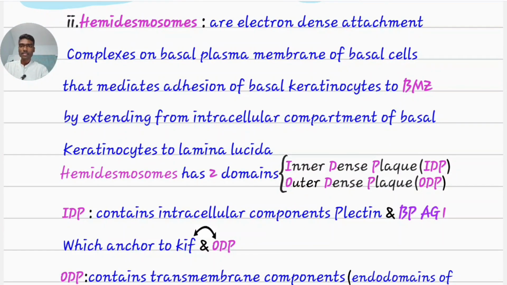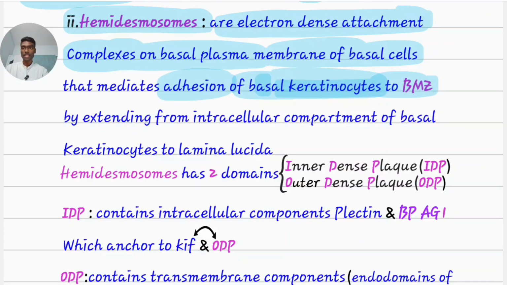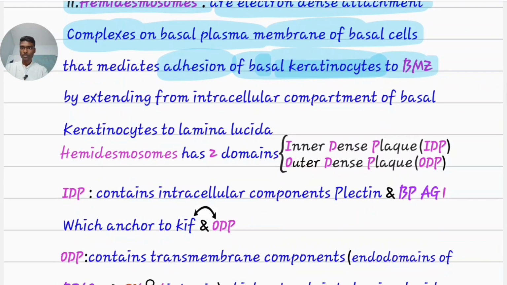Next structure, hemidesmosomes. These are electron dense attachment complexes on basal plasma membrane of basal cells, which mediate the adhesion of basal keratinocytes to basement membrane zone. How? By extending from intracellular compartment of basal cells into the lamina lucida.